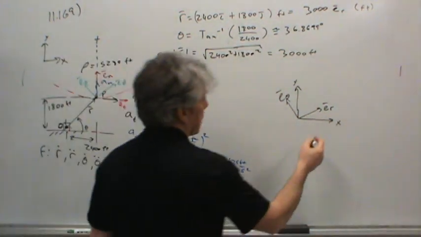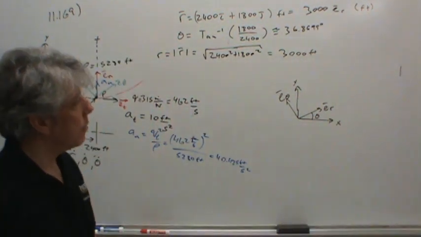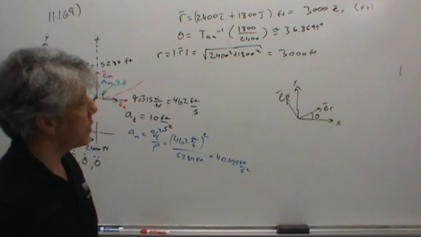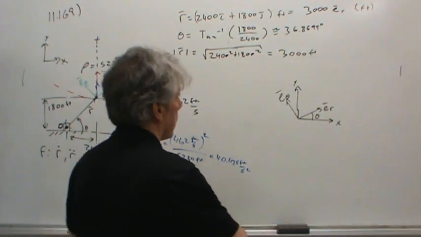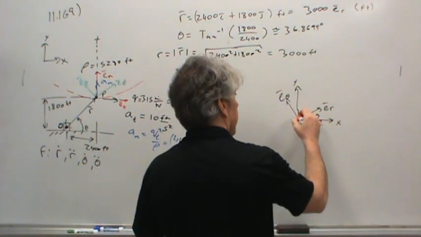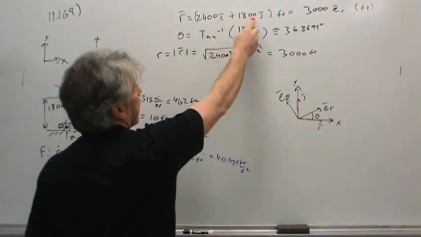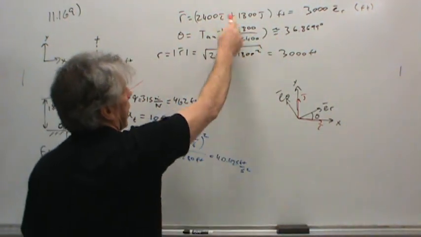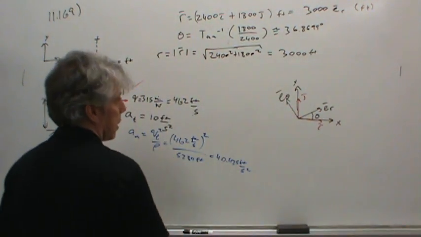And we know that this angle is just theta, isn't it? Okay. So how would I transform these? In other words, if I have a unit vector I and a unit vector j, which is what I had right here, I was thinking, well, how do I transform I into components ER E theta? Well, that's not too bad.